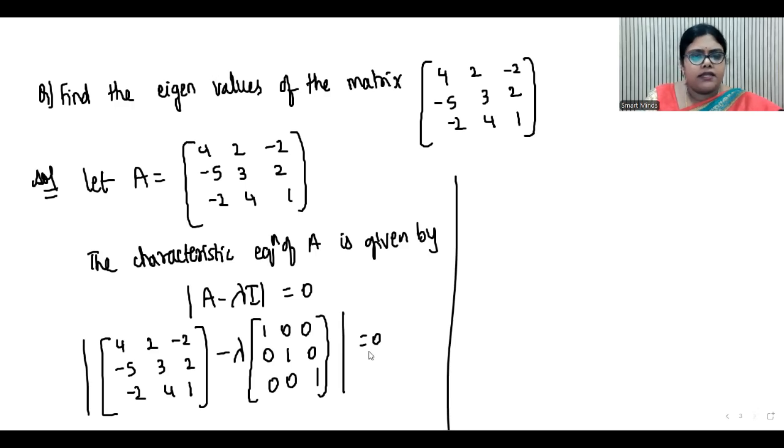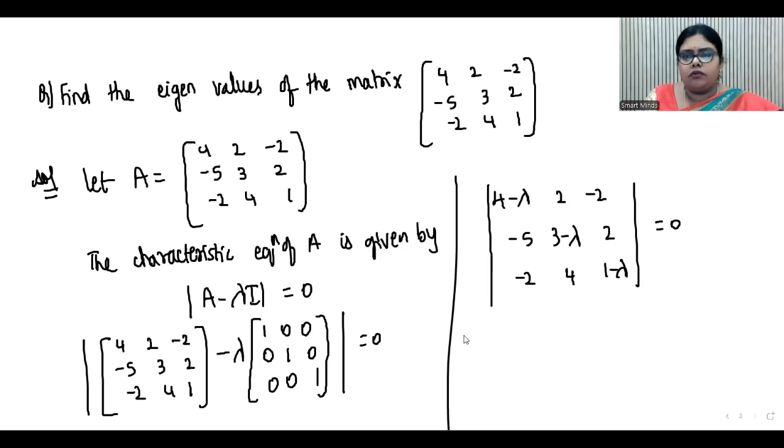Now if you subtract this, you will get [4 minus lambda, 2, -2; -5, 3 minus lambda, 2; -2, 4, 1 minus lambda] is equal to 0. Now, we need to expand this determinant. As you know how to expand the determinant, first you write 4 minus lambda, then cross multiply this. 3 minus lambda into 1 minus lambda minus 8.